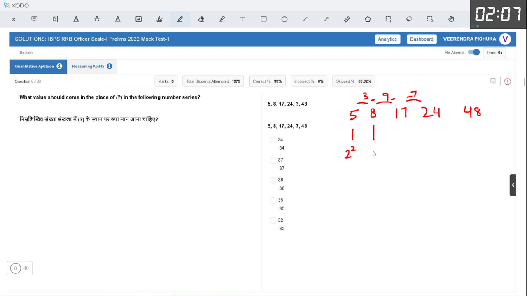This is 2 square, 3 square, 4 square, very near numbers to squares, right? 5 square, 7 square, like that. 2 square plus 1, 3 square minus 1, 4 square plus 1, 5 square minus 1. So here what will we get? 6 square plus 1. 6 square plus 1 is 37. Got it?